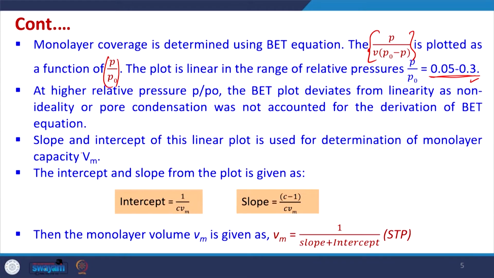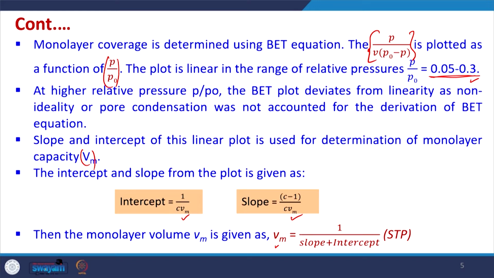Now, slope and intercept from this plot can be used for determination of monolayer capacity, which is Vm. So, here we can see the intercept and here the slope. If we manipulate a little bit, we can find the value of Vm by combining these two equations.